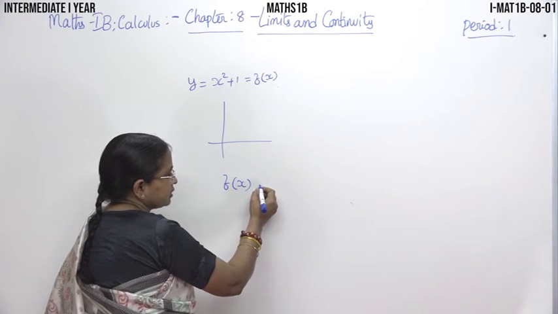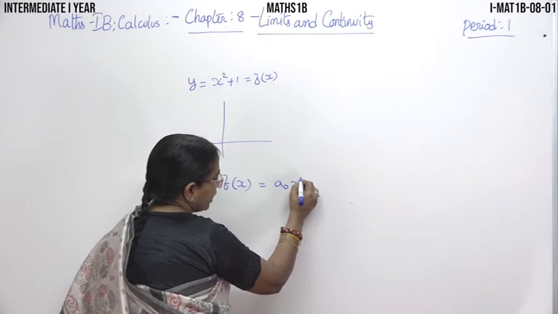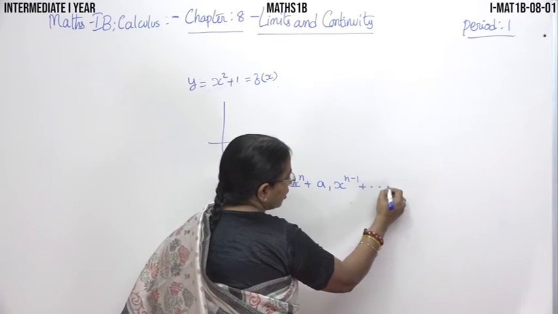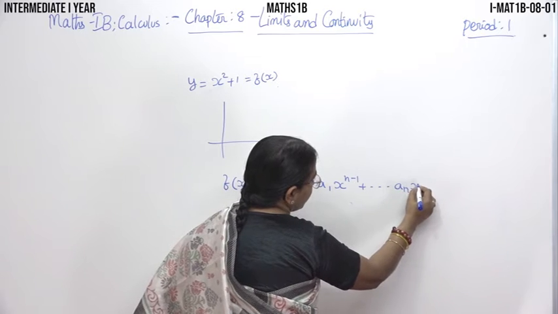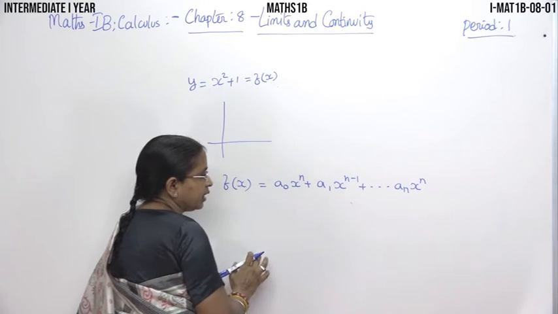So f of x is equal to, suppose I have a naught x to the power n plus a1 x to the power n minus 1 plus so on plus a n. This is the general one. A naught, a1, a n are all real numbers.